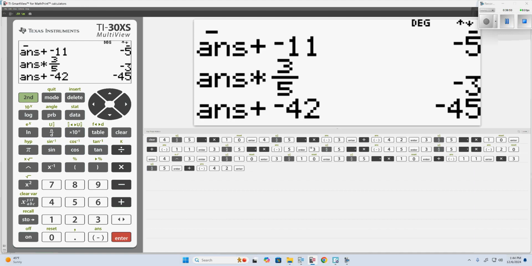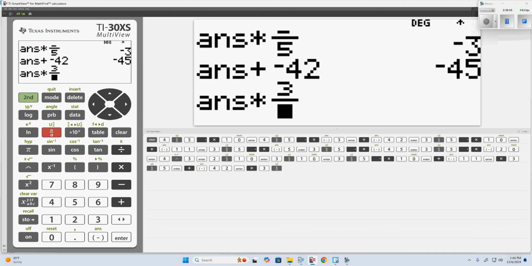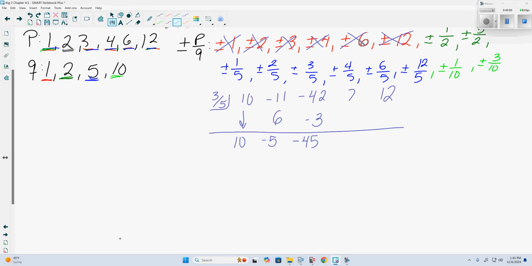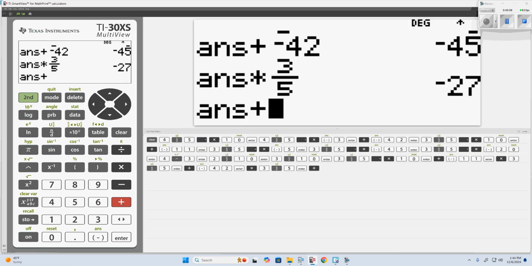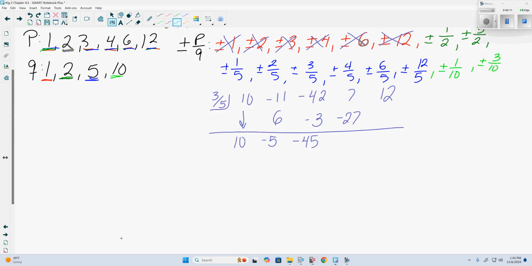So I can grab the calculator and say times 3/5 and get negative 27. Then what do we add to it? Plus 7. And then we multiply by?